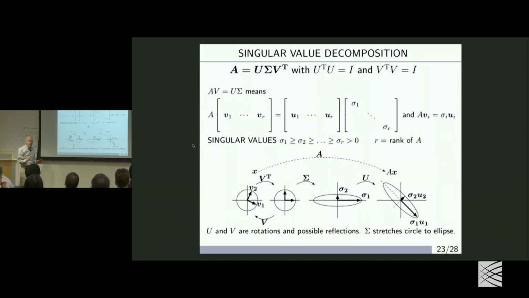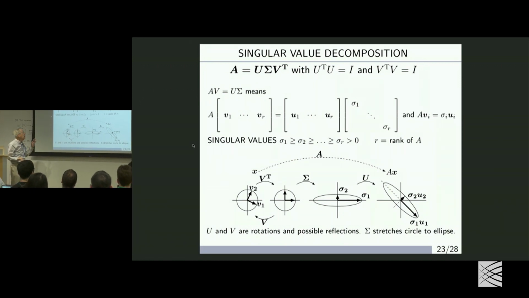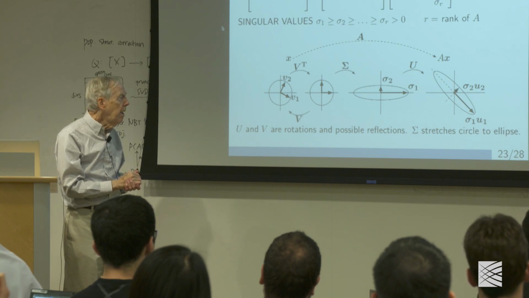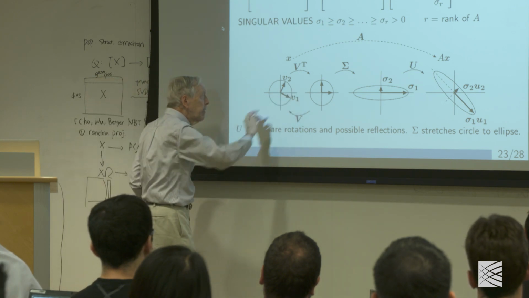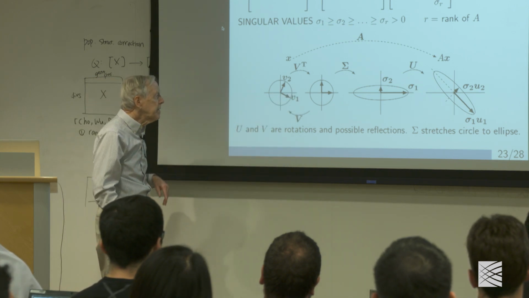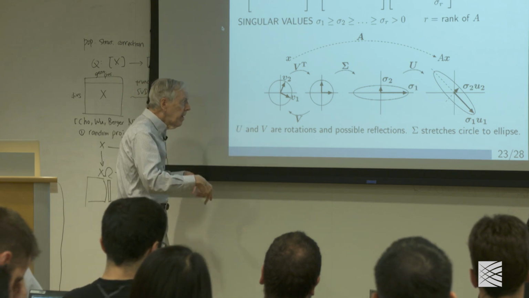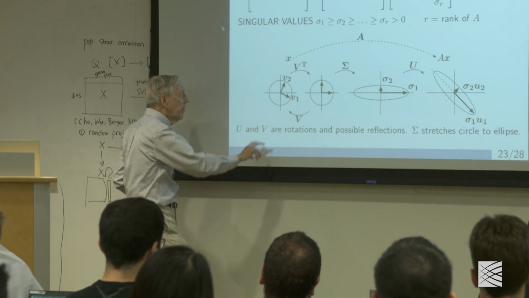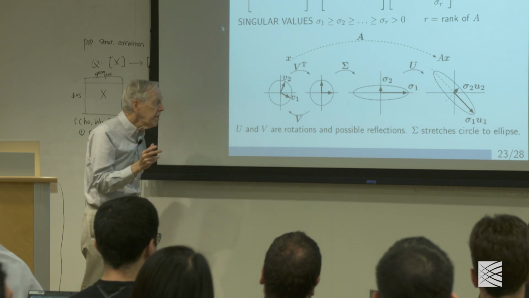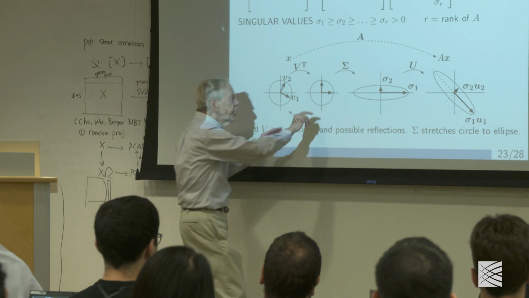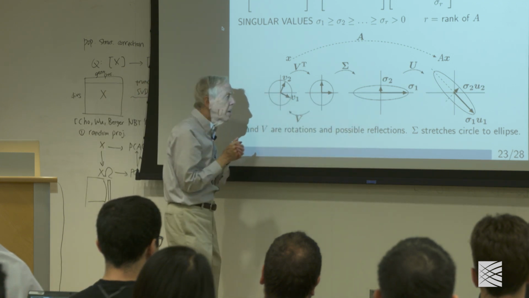So the SVD is telling us that every matrix A factors into orthogonal times diagonal times a different orthogonal. And if I try to say that geometrically, every matrix A is the product of 3 steps. First, a rotation, that's the orthogonal guy. Then a stretch, a diagonal matrix.